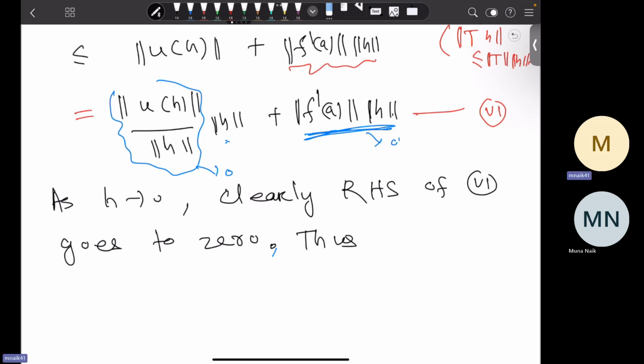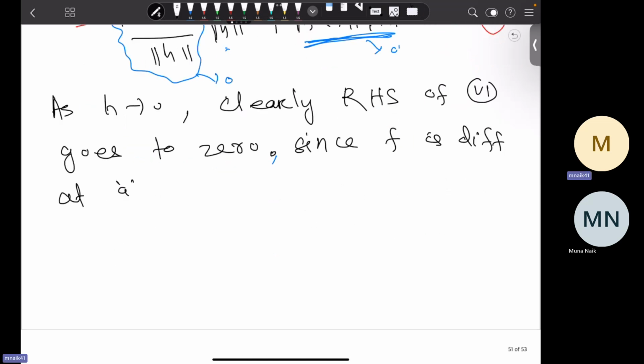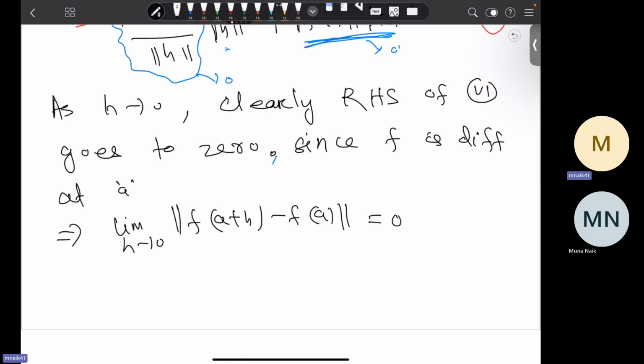Since f is differentiable, this implies that the limit as h tends to 0 of the norm of f(a+h) minus f(a) is equal to 0.